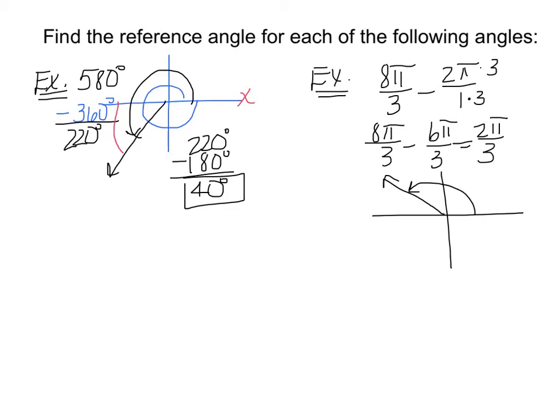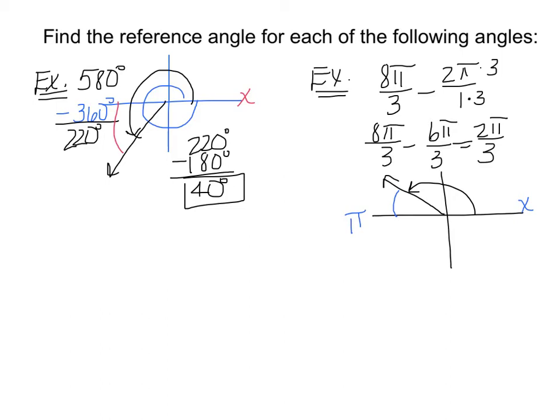So to get the reference angle, we need the angle that's formed from the terminal side to the x-axis. So that is closer to pi. So we're going to find that difference.